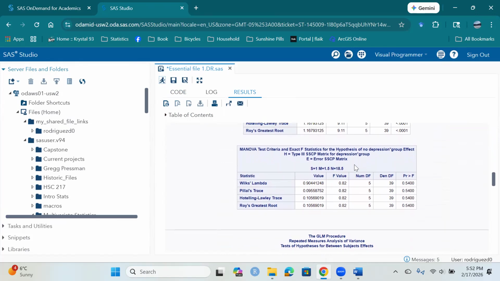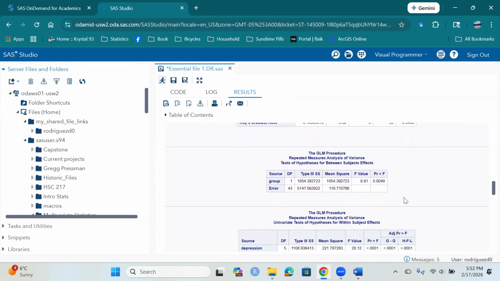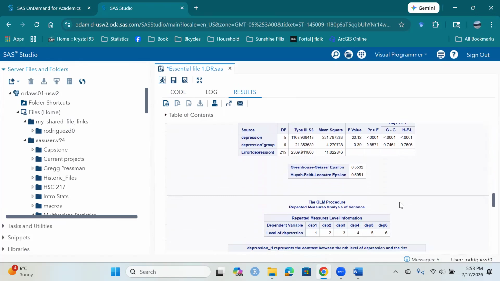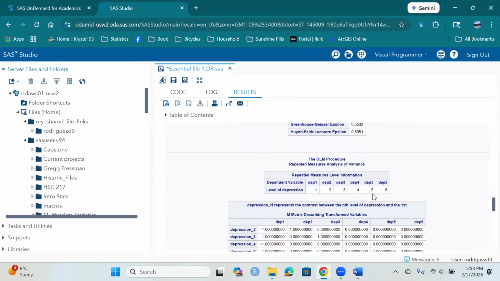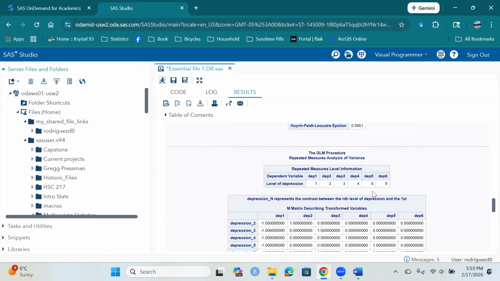But in terms of depression by group, there was not a significant effect. All of these p-values are very, very high. So we had six different measures of depression across time.